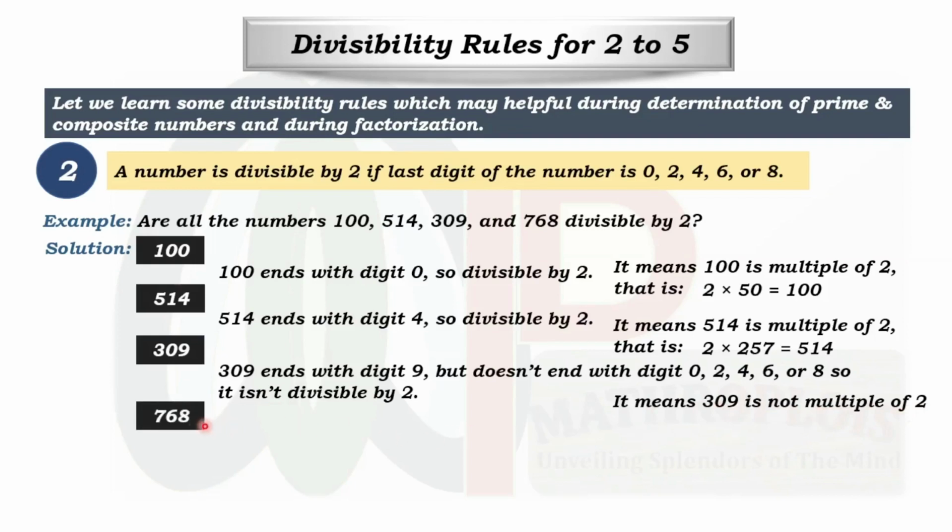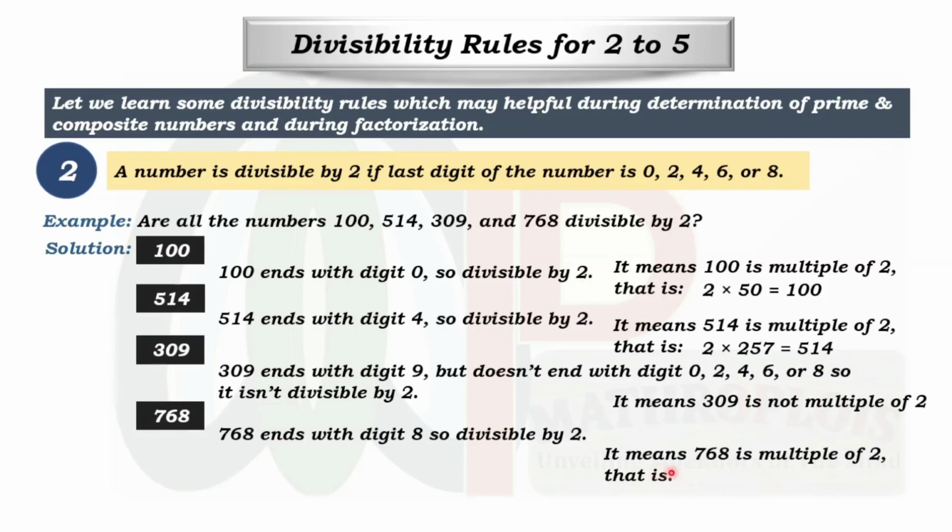The last number here is 768. 768 also ends with digit 8, so divisible by 2. We check divisibility of 768 by 2. The number 768 divided by 2 is equal to 384, which is a complete whole number.